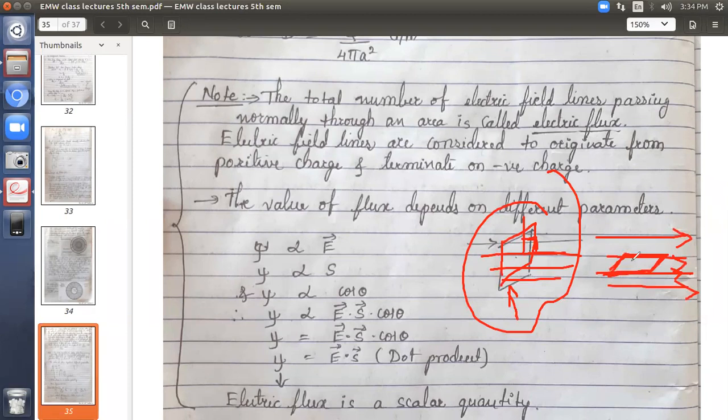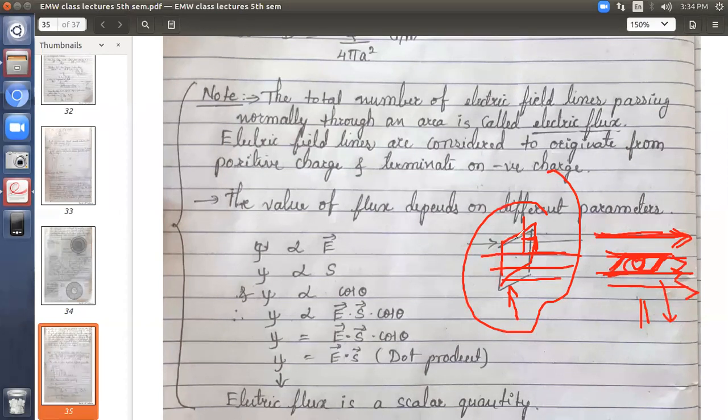However, if you rotate this area in this direction so that the field lines and the area become parallel, they coincide. If you observe, the number of lines passing through this area is limited, only a few lines will pass, not much. It is actually at the minimum.